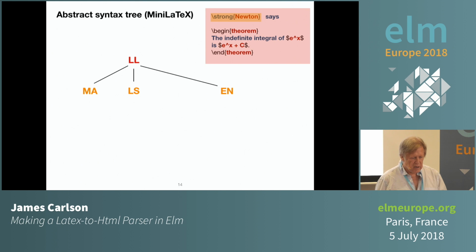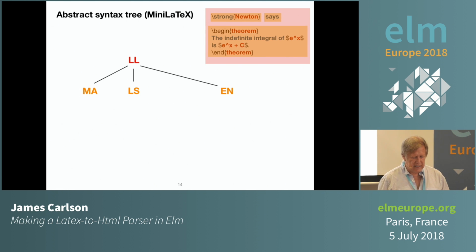The next child is LS. That is going to be a LaTeX string. It'll just be says. And then finally, EN for environment will be all the rest. It'll be a so-called theorem environment in LaTeX. So we continue deriving things using our as yet unspecified rules.